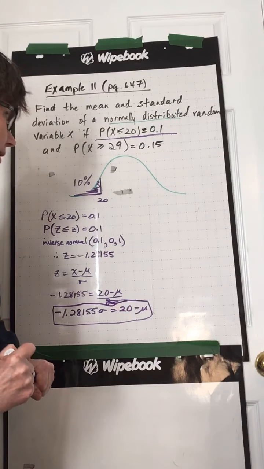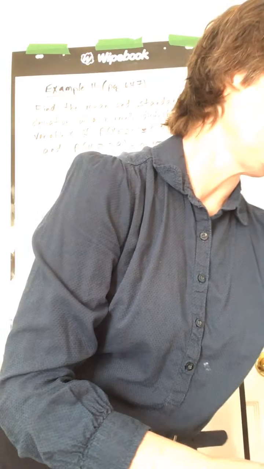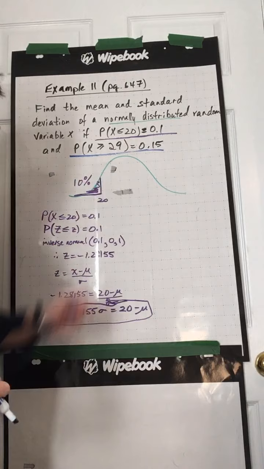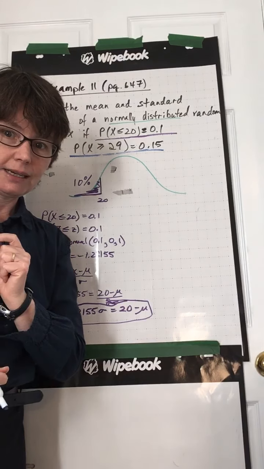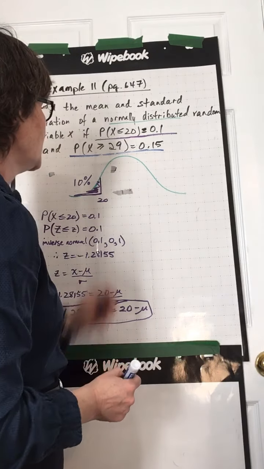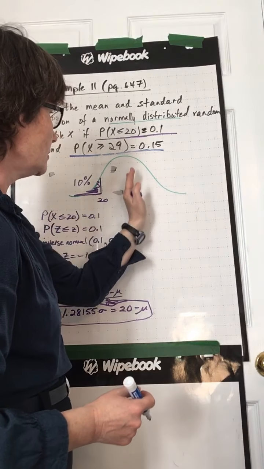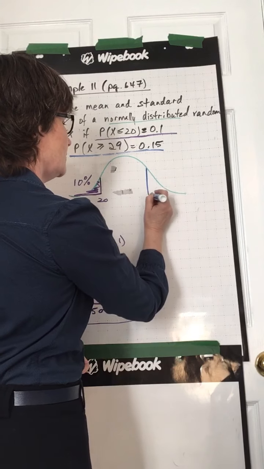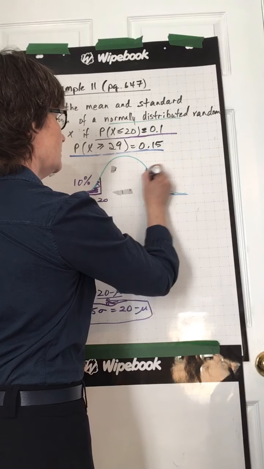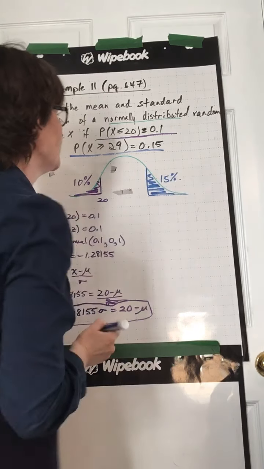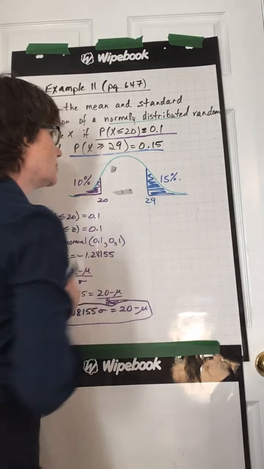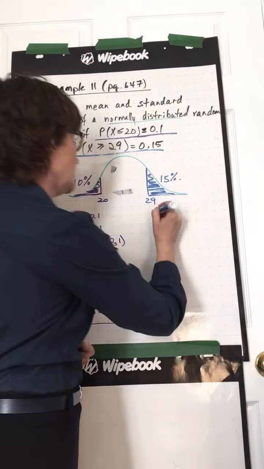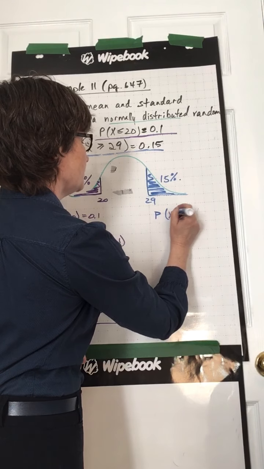All right, let's deal with the second part. Probability that x is greater than or equal to 29 is 15%. So we're looking at a greater than 15%. Somewhere here, this is 15%, and this value here is 29.